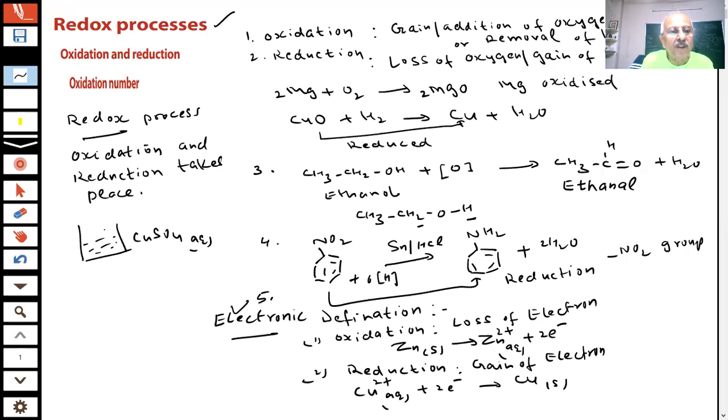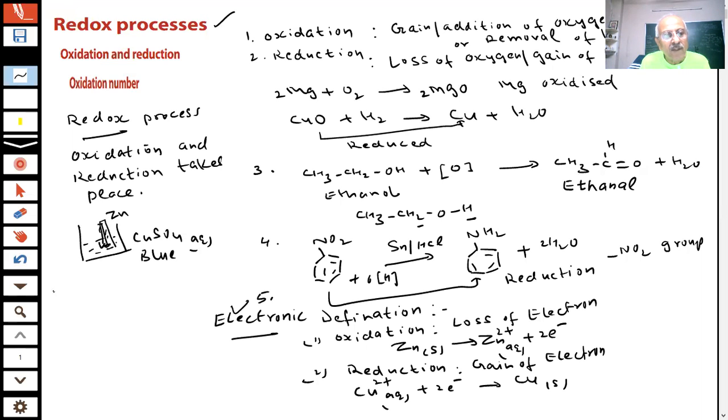What happens if you put a piece of zinc rod in copper sulfate solution? It is blue in color. You will find the blue color disappears slowly, and the zinc starts reacting and being consumed. Slowly the zinc will be consumed, and the blue color will be decolorized.